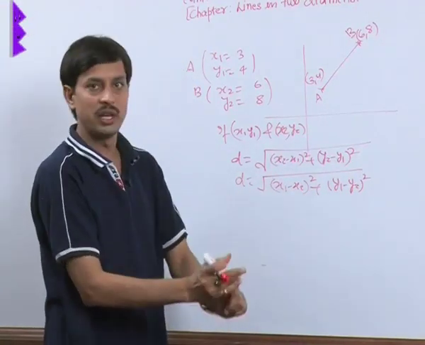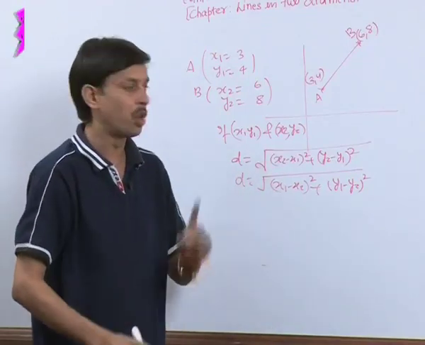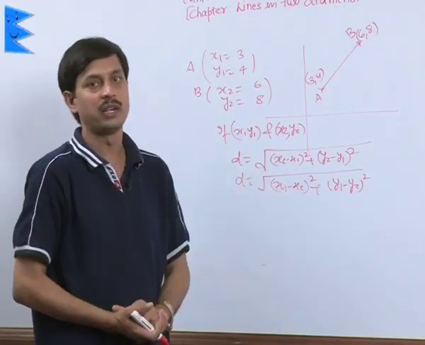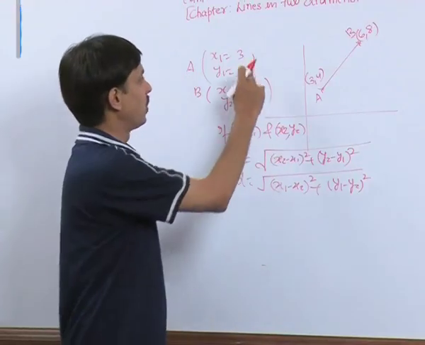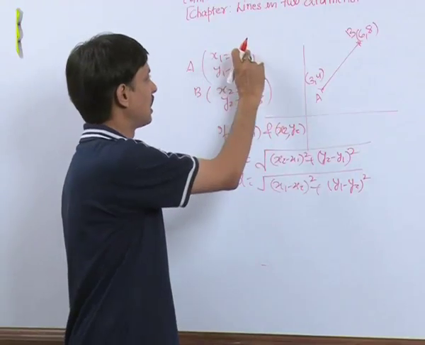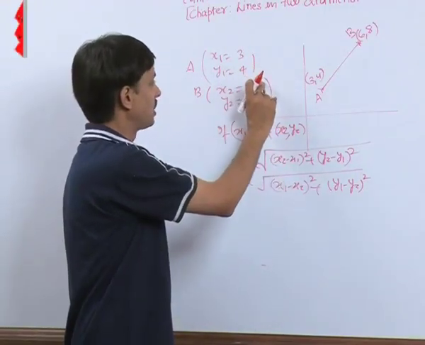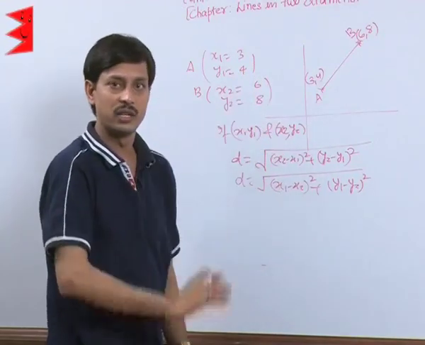So our question is, we want to calculate the distance between the points A and B whose coordinates are given by 3, 4 and 6, 8. So x1 is 3, y1 is 4, x2 is 6, y2 is 8; abscissa 3 and ordinate 4 in the first position, abscissa 6 and ordinate 8 in the second situation.